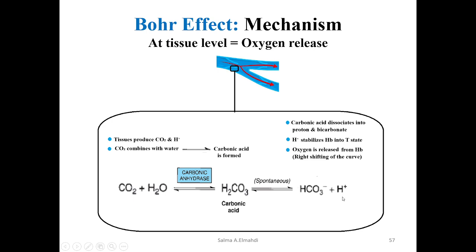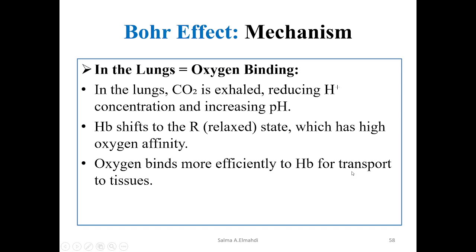The proton here has a crucial role. It stabilizes the T state of hemoglobin, which promotes oxygen release to tissues. So the overall effect is that oxygen is released from hemoglobin, with right shifting of the hemoglobin dissociation curve.